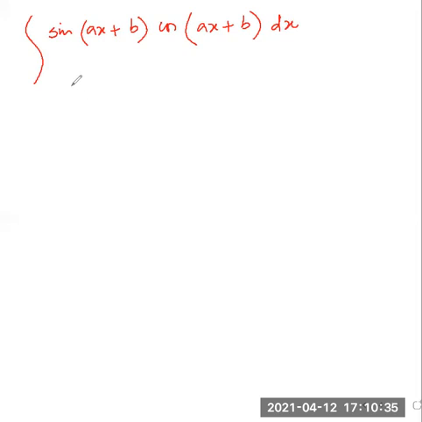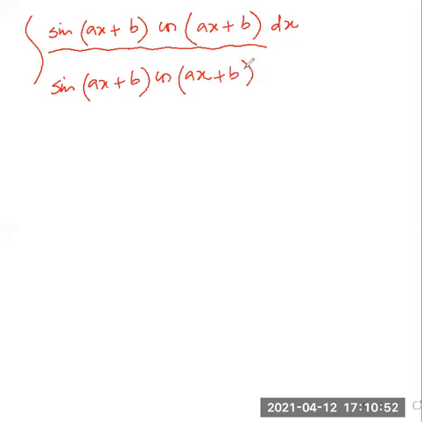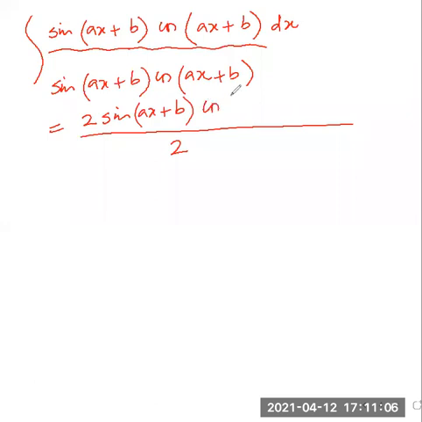Here, first we should simplify this. Sine of ax plus b into cos of ax plus b can be written as, let me multiply by 2 and divide by 2. So this becomes 2 sine of ax plus b into cos of ax plus b, divided by 2.